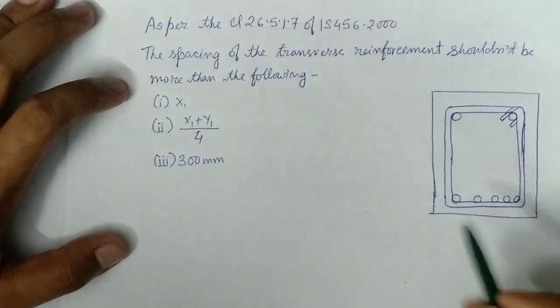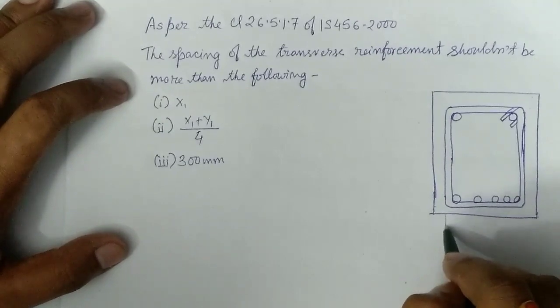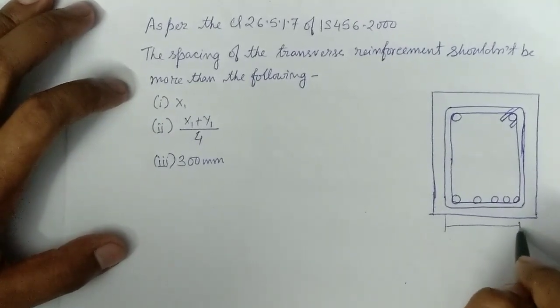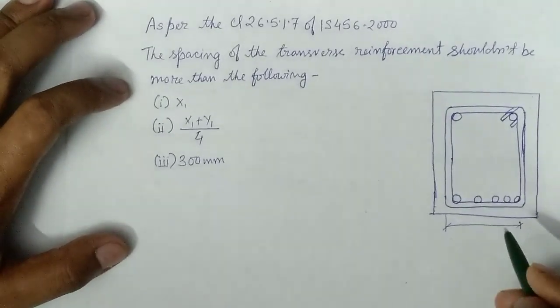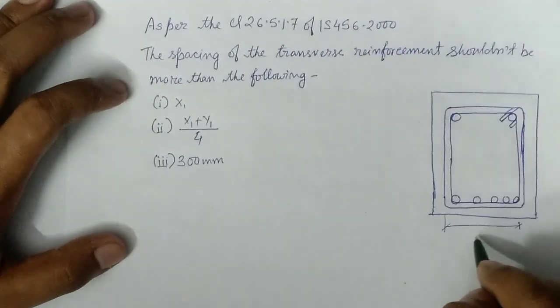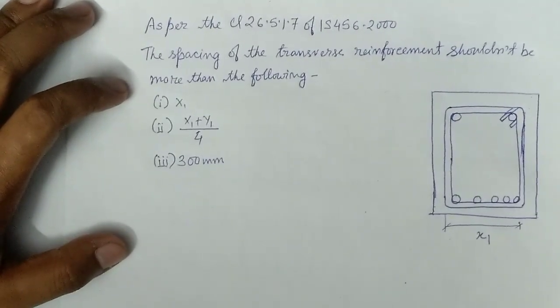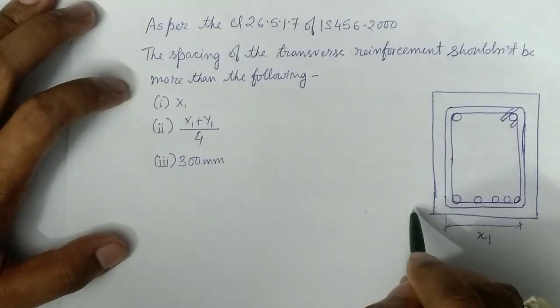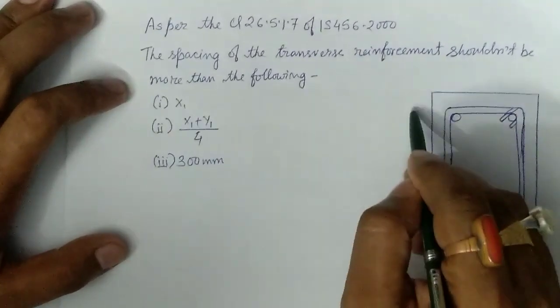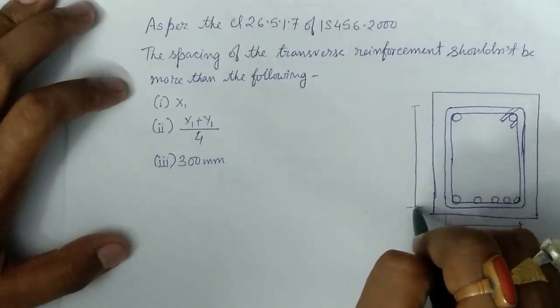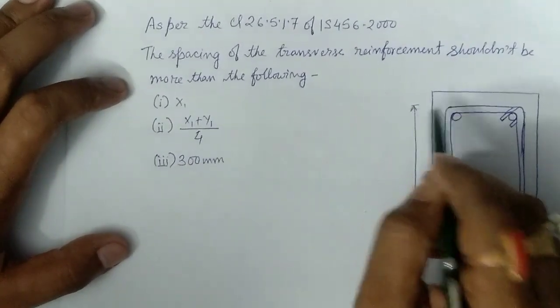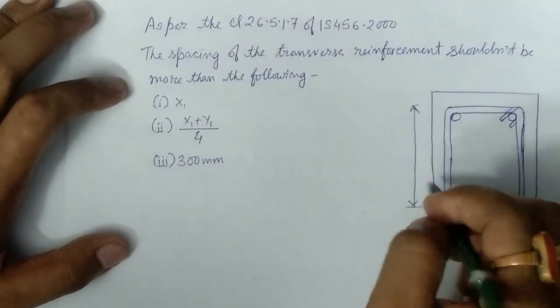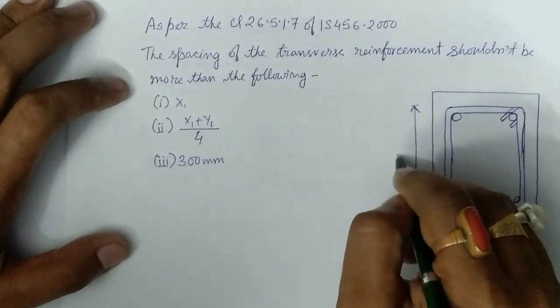So x1 is the total length of the stirrup along the width, meaning along the shorter direction. Similarly, y1 is the length of the stirrup along the depth, or along the long direction.